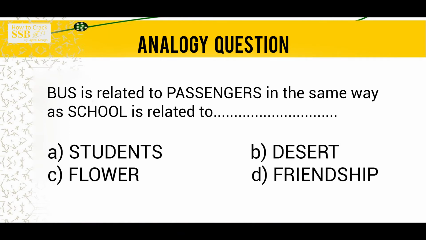So now the question is asking you, school is related to, tell me, try. It's very simple. From the four options, school is related to students, because students is the reason which defines the meaning of a school, as passengers define the meaning of a bus.